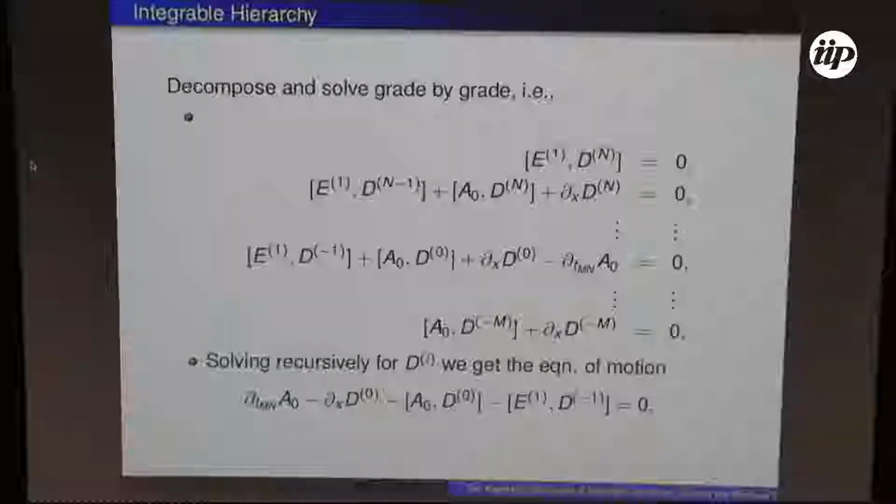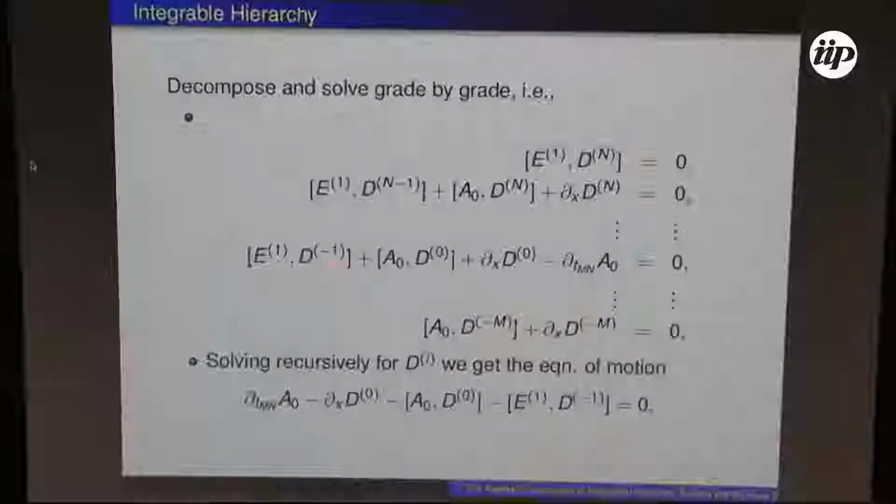So you see, the only term that has grade N plus 1 is this one. And then the next one, and then you decompose grade by grade, and you are able to solve for the D_n's. You start from the highest, you solve for D_n, and then go to the next one, you solve for D_(n-1), until you reach D_0, which is the one before this one.